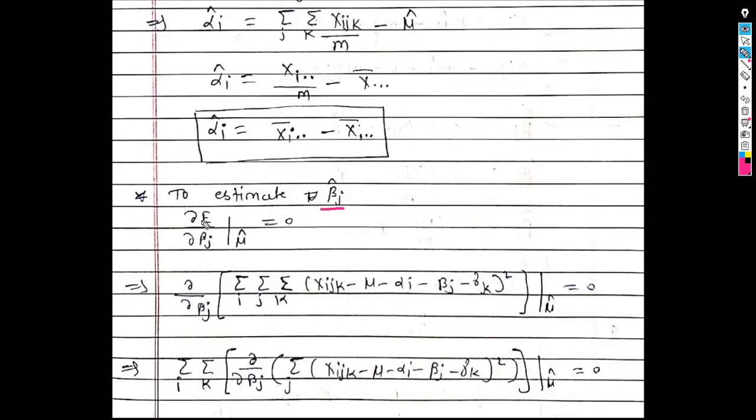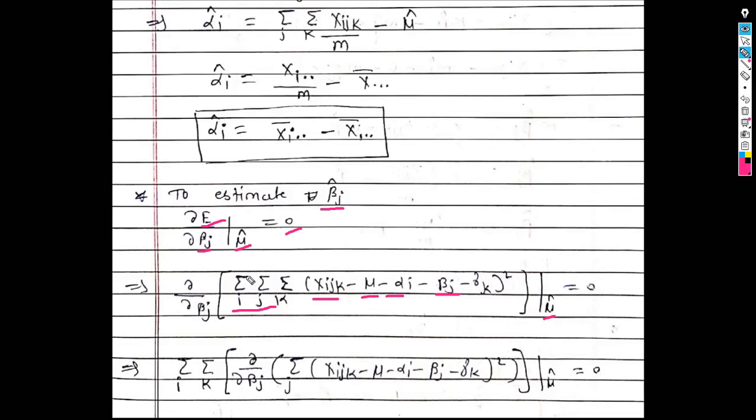For this we consider the derivative of the error sum of squares with respect to beta j under the value of mu hat and equate it to 0. So we get ∂/∂beta j of the summation of (xijk minus mu minus alpha i minus beta j minus gamma k) whole squared, under the value of mu hat, equated to 0.